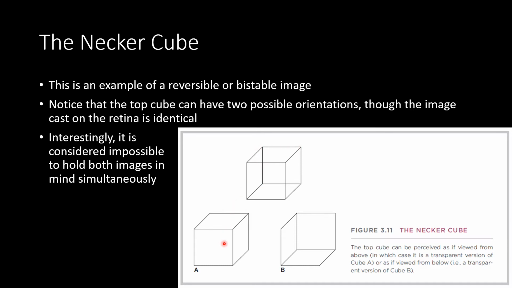Here are two representations of both of those cubes drawn without the back lines. Now, you can look at this for a little while, and you can probably, after a little bit of time, start to bounce back and forth between these two different orientations, which is why this is called a bistable image. But here one gets evidence of the fact that the brain is adding additional bits of information because the cube itself does not actually contain orientations or a three-dimensional shape.